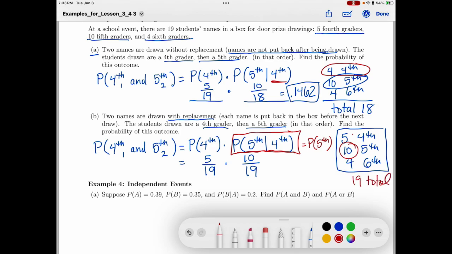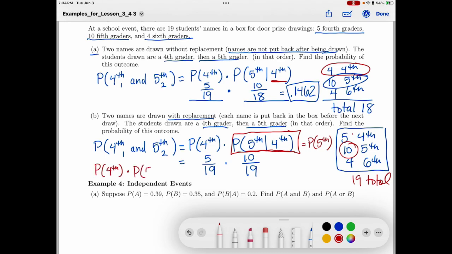It's 10 out of a total of 19. I could have written this as the probability of choosing a 4th grader times the probability of choosing a 5th grader and not worried about the conditional. Because we're replacing the name back in the box, the conditional doesn't matter.